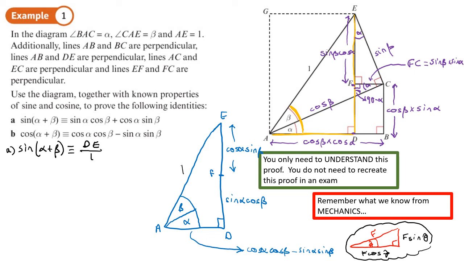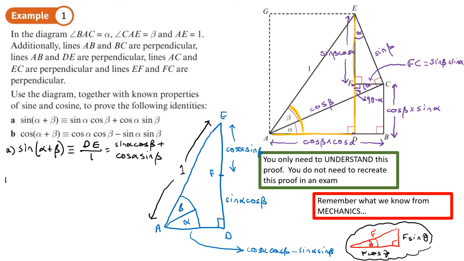I suppose I should put that on, 1. Okay, now what was D to E? Well, D to E is going to be made up of these two bits, that and that added together. So that's sine alpha cos beta plus cos alpha sine beta.